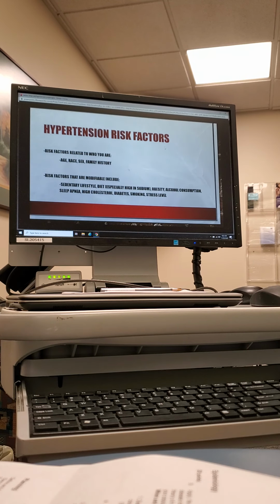Obesity and alcohol consumption can contribute to high blood pressure. Sleep apnea goes along with obesity, and when you fall asleep, you stop breathing. When that happens, your blood pressure can rise due to stress on your body, and strain on your heart.